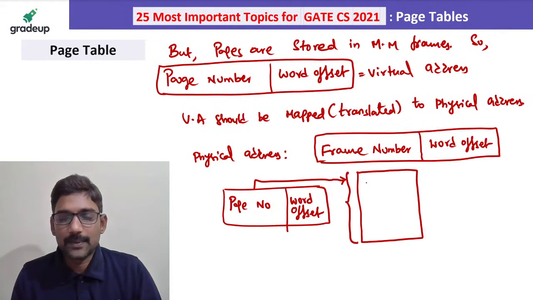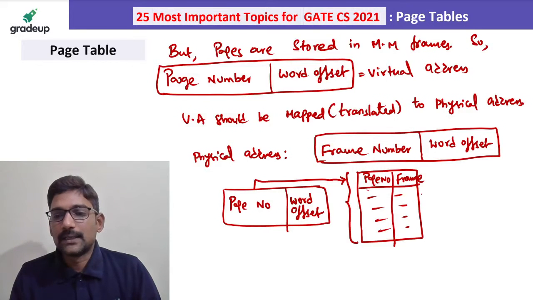In the entire page table, for page number, frame number, this is verified, and the corresponding frame number with word offset.